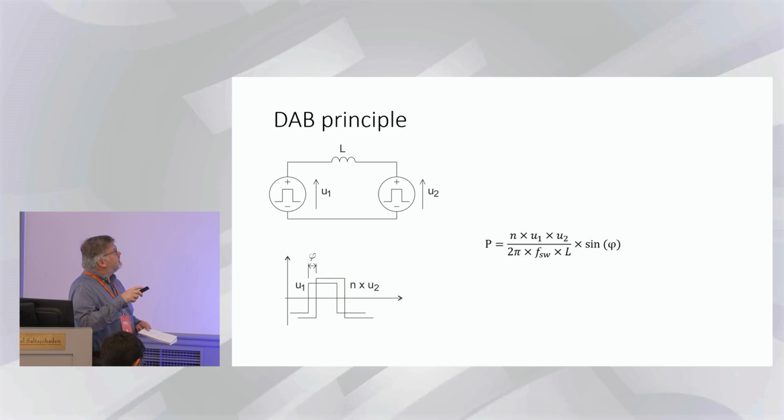A little bit about the DAB principle first. You can see the DAB as two voltage sources with a square wave, 50% square wave, and an inductance in between.